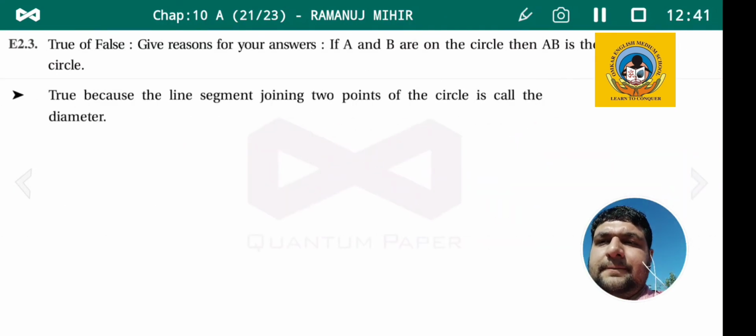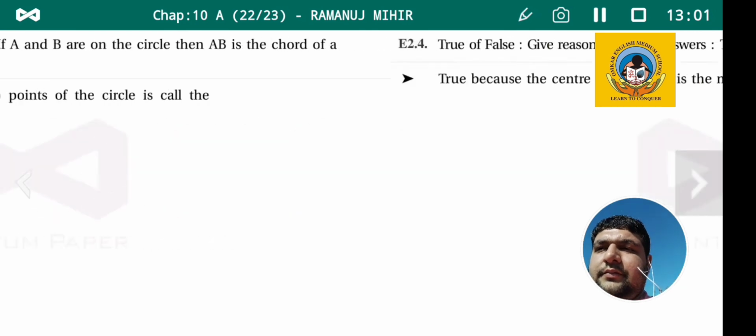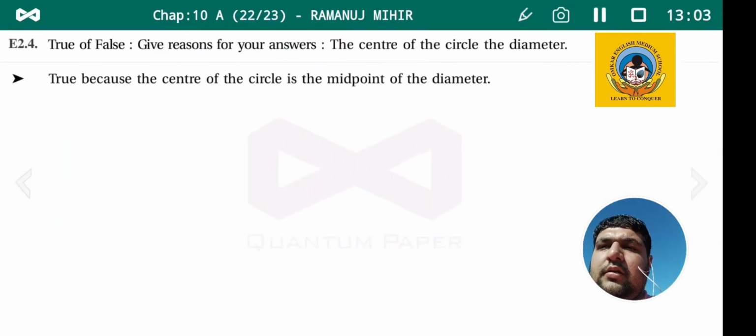True or false. If A and B are on the circle, then AB is a chord of the circle. This is true, because when 2 points are on the circle, they form a chord. And if it is passing through the center, it is called a diameter.